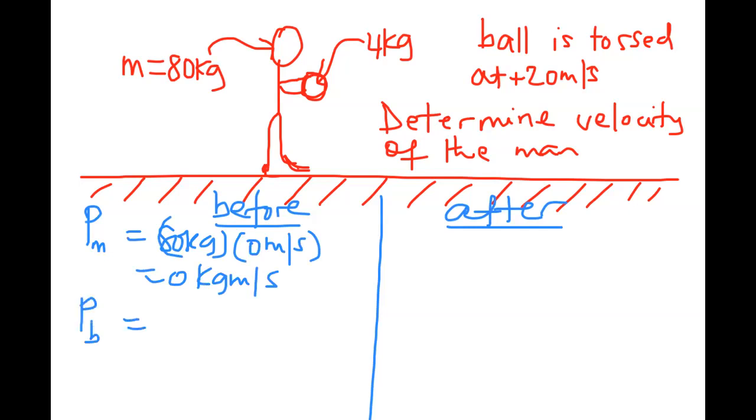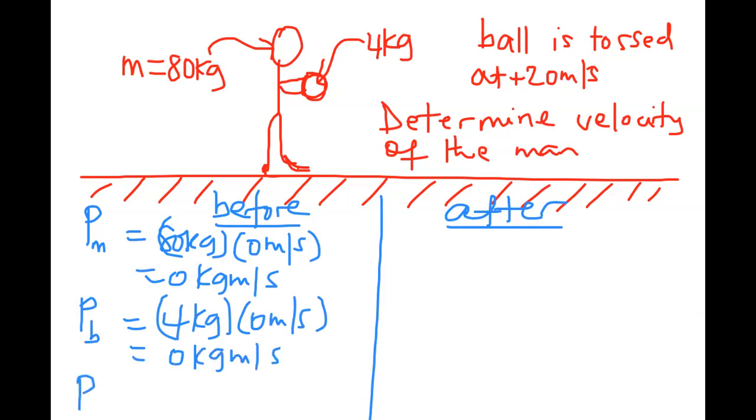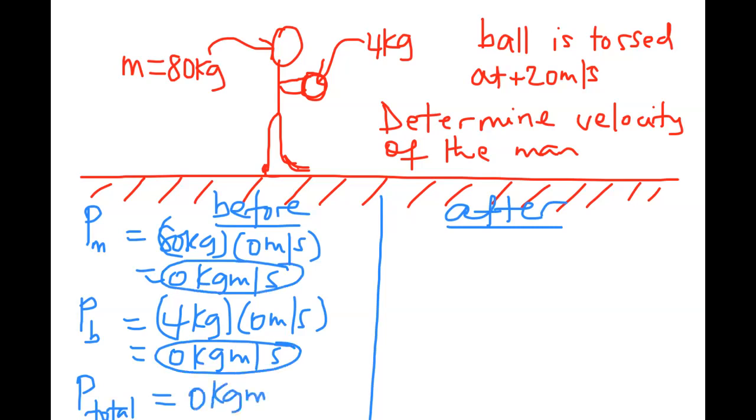The momentum of the ball will be 4 kilograms times 0, because the ball is not moving initially, 0 meters per second. This will give us 0. So P total before, you have to add this and this. So we have the total momentum as 0 kilogram meters per second.